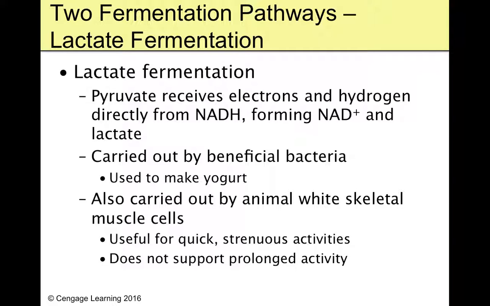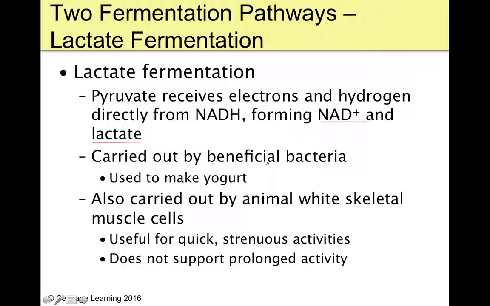You still go through glycolysis, you still make pyruvates. Your pyruvates don't have time to go through that Krebs cycle and make all those ATP in the mitochondria. You just need energy fast. The pyruvate will actually go through a similar process to make NAD+ and lactate. And so our products here are lactate and NAD+.